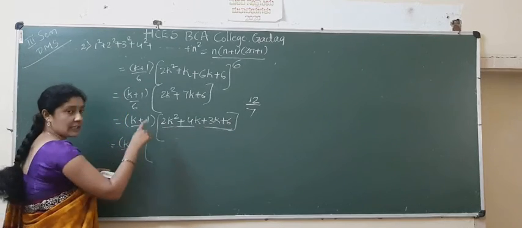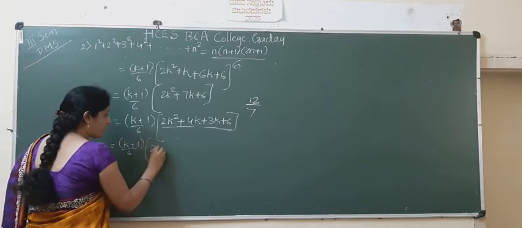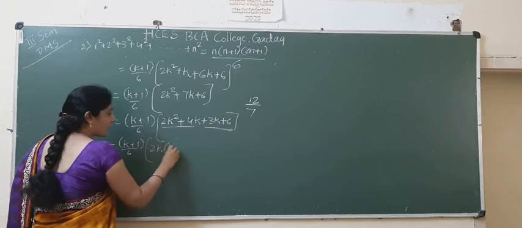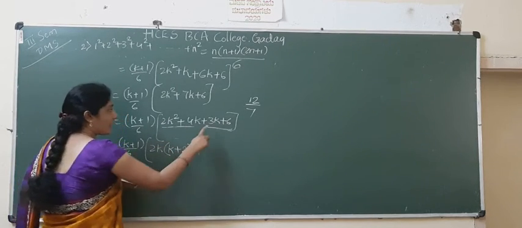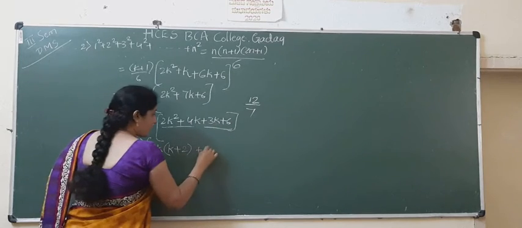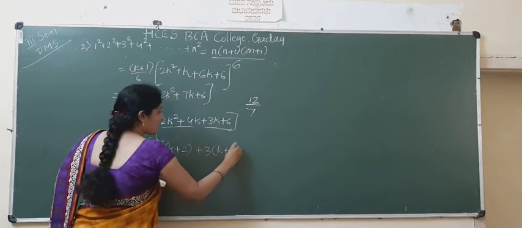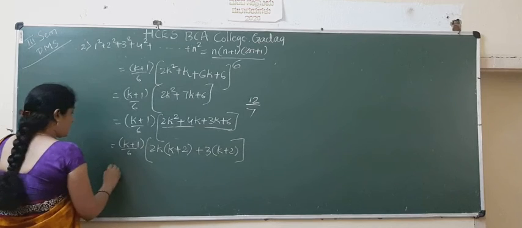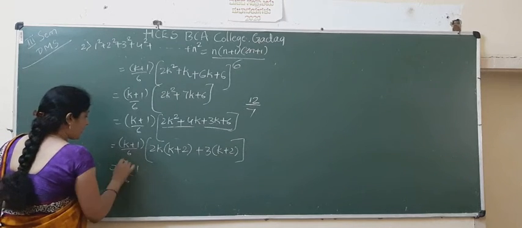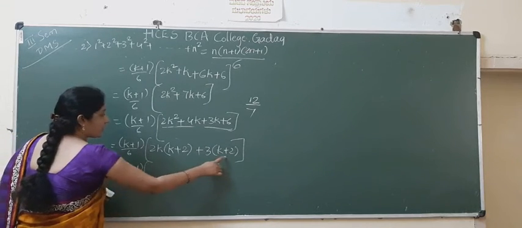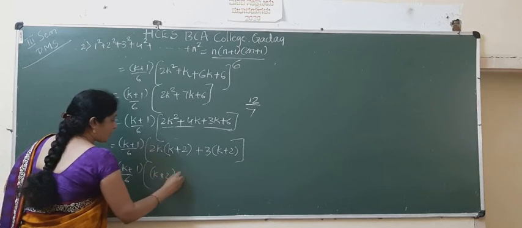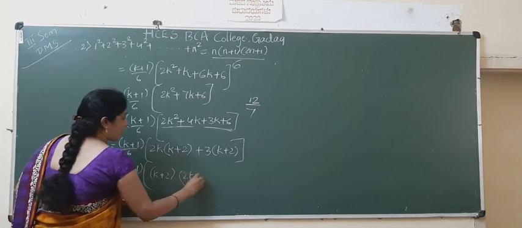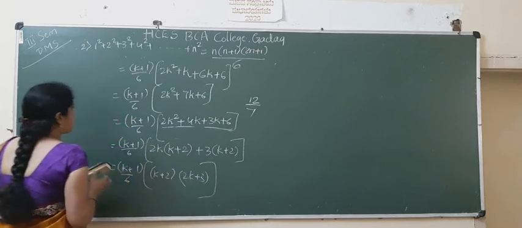If you take common in this, 2k will be common. 2k into, here left with k plus 2, plus, here the common is 3, 3 into k plus 2. So, k plus 1 divided by 6, and here between these two the common is k plus 2, and here is 2k plus 3.